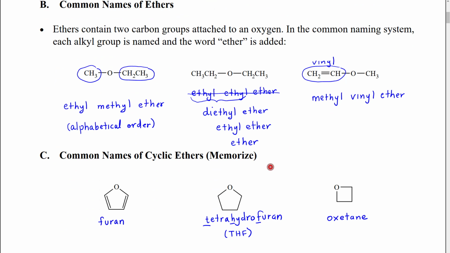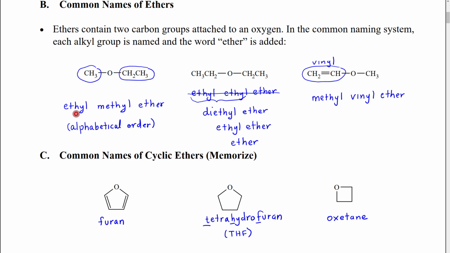Ethers have a semi-systematic common naming system that is used very often for ethers that have small carbon group substituents. In the common naming system, what we do is we name each alkyl group and then we add the word ether following the 2 alkyl group names. If we look, for example, at this one, our alkyl groups are a methyl and an ethyl.